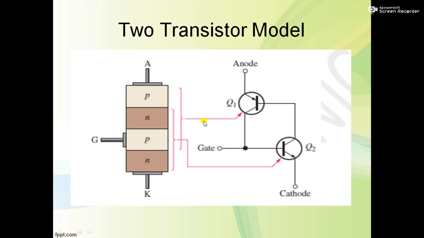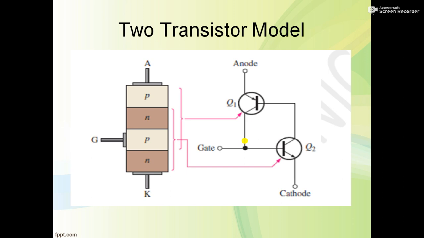So the net result is a regenerative increase in the collector current of each transistor. This regenerative process continues until both transistors are driven into the saturation region, because in the saturation region all junctions are forward biased.